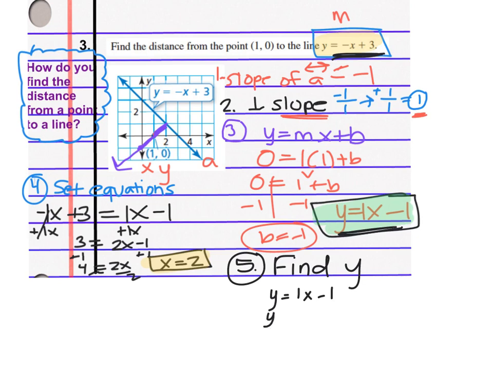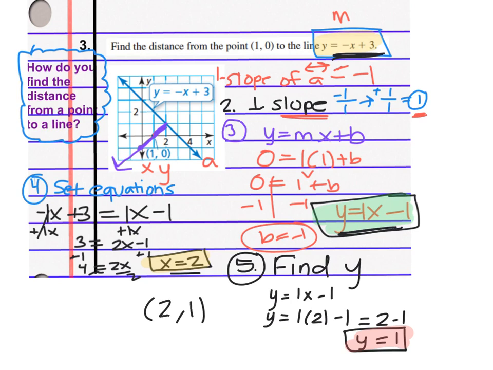I'm going to put in my answer for x, which I found was 2. So 1 times 2 is 2. 2 minus 1 is 1. So my y is 1. So the point where these cross is going to be 2, 1.